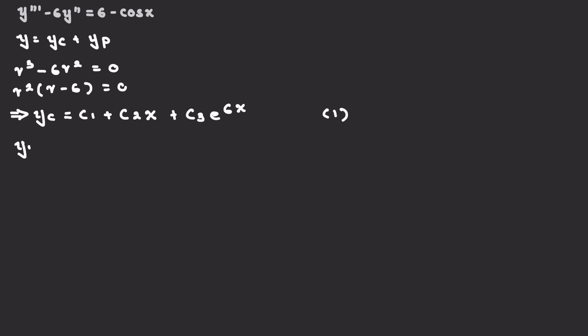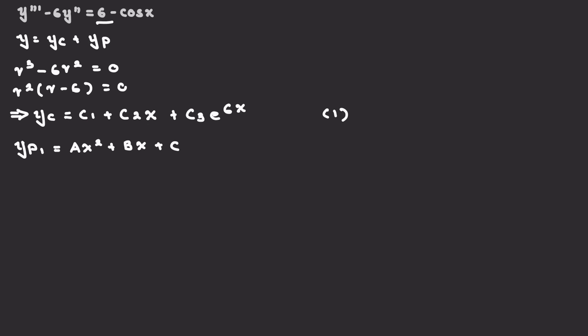So for our yp1, our first part, which is our polynomial form, we're going to write ax squared plus bx plus c. And the reason I use the squared polynomial form is because our general solution is already in a degree 1 polynomial. So if we put another degree 1 here, we will not be able to solve for our coefficients.